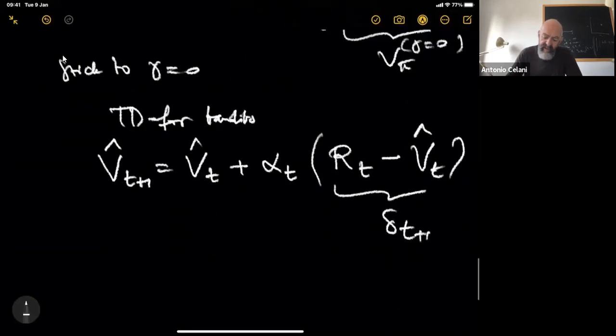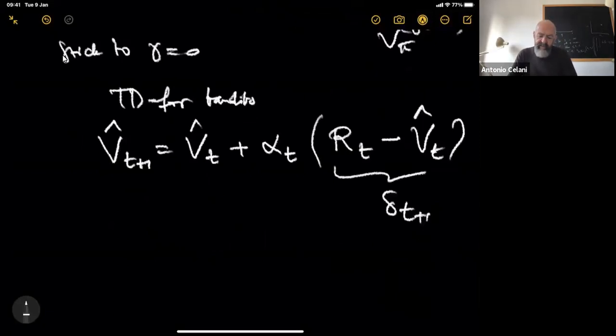Okay, now we can further unpack this recursion to make it even more transparent, to see what is happening here. And to do that, we consider two situations. The first case is when the alpha t's are constant and all equal to each other. We know that this is not a good choice because it is not going to give us convergence to the true value function.